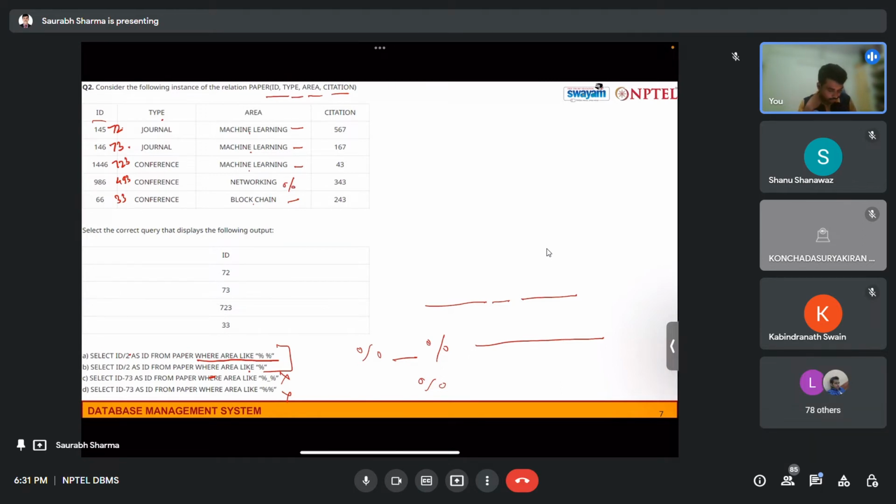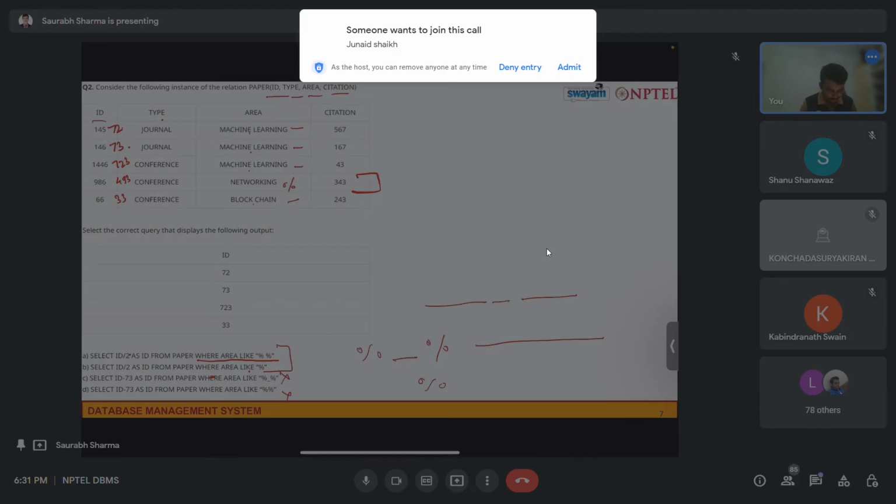So if we select B, we will go with this only. But if we select A, we will have these four options. And we have to select ID by 2. So ID by 2 will give 72, 73, then 723 for this, then 33 for this. That is the correct answer. So A will be the correct answer here.